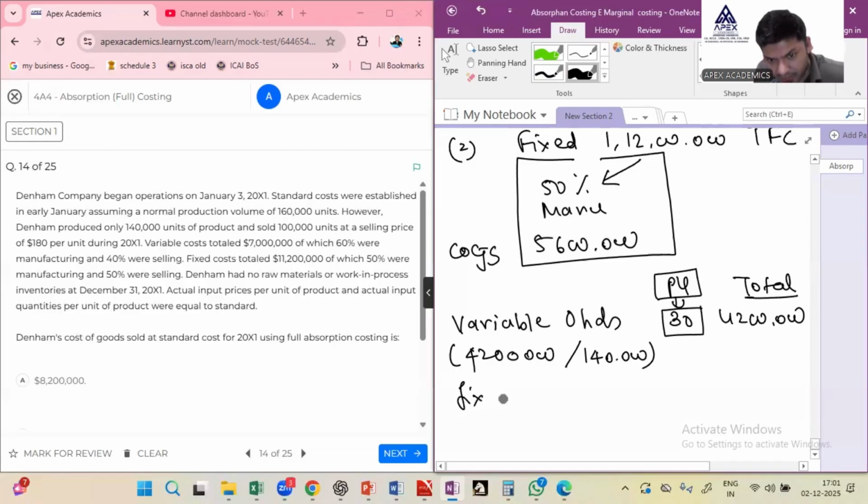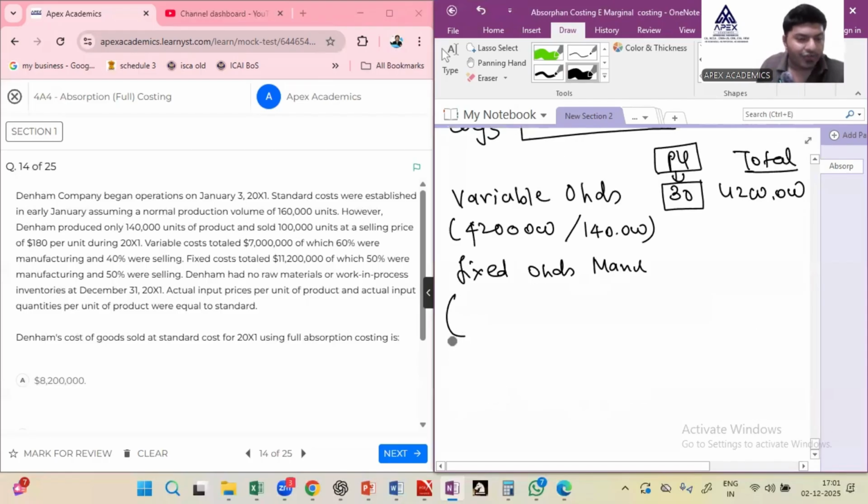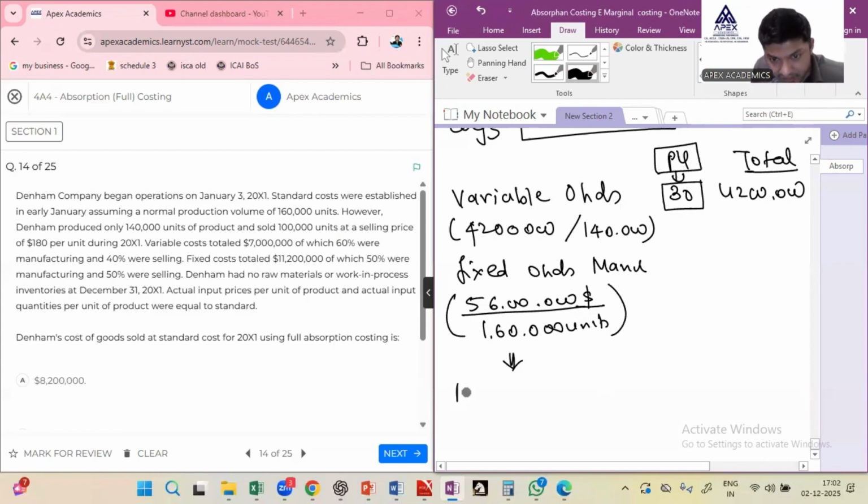Now I come to my fixed overheads of manufacturing. Please try to understand that my fixed overheads of manufacturing are 56 lakhs on a budgeted number of units, 1,60,000 units. This is the most important concept over here. This gives me my fixed overhead absorption rate.